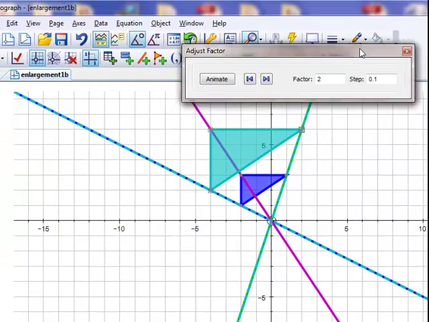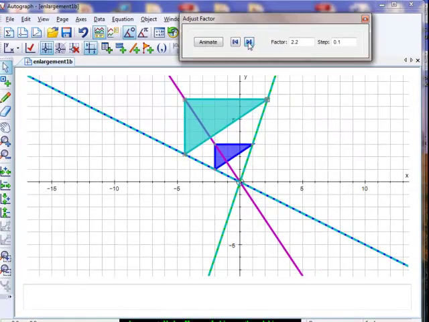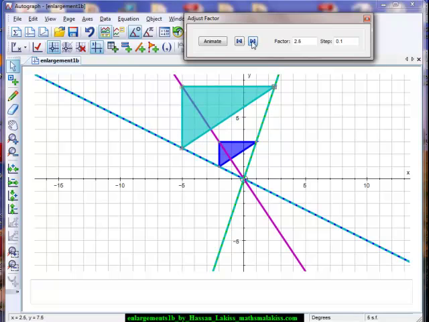Let's do some animation and increase the scale factor, say 2.5. What happens to the area? If you square 2.5, you get 6.25. So the area of that is 6 1/4 times bigger than that.